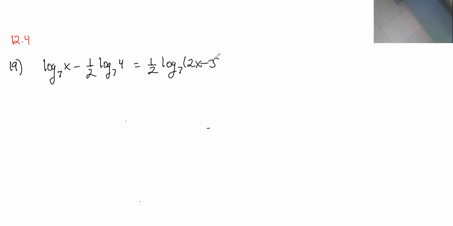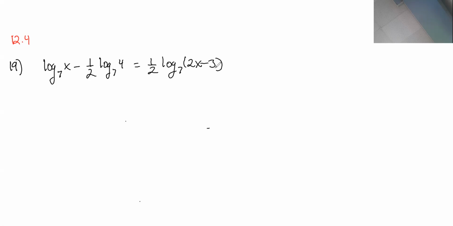Okay, next what I'm going to do is number 19. Log base 7 of X minus 1/2 log base 7 of 4 equals 1/2 log base 7 of 2x minus 3.